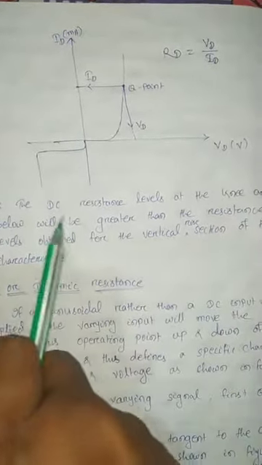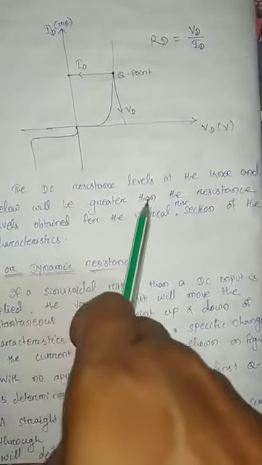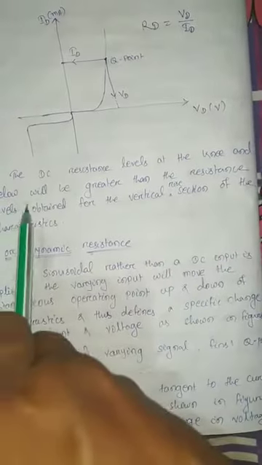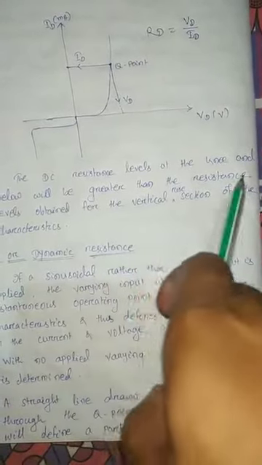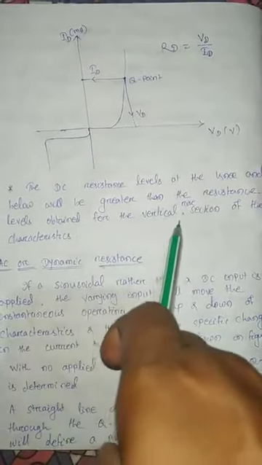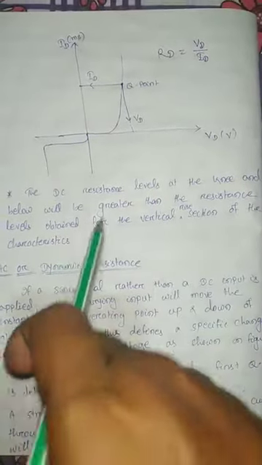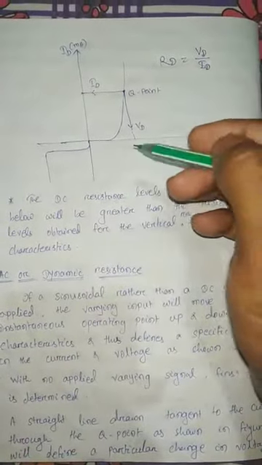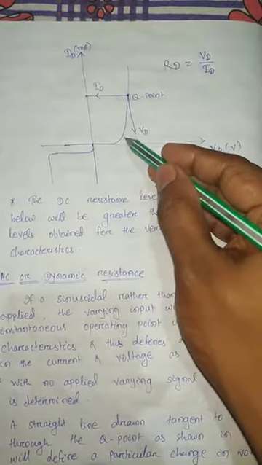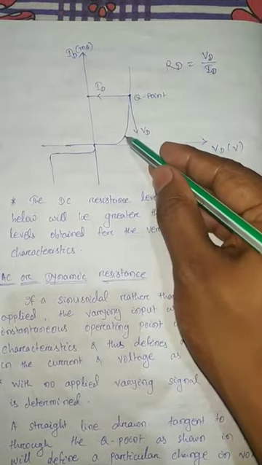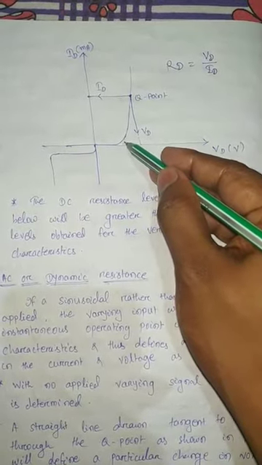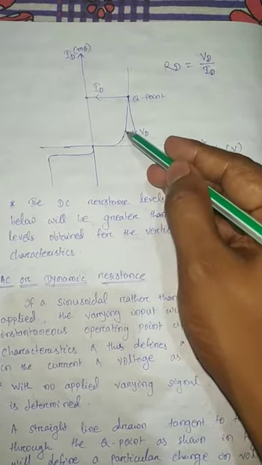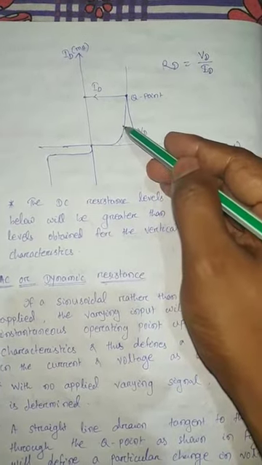Another point is that the DC resistance levels at the knee and below will be greater than the resistance level obtained for the vertical rise section of the characteristics. As you know, in forward bias, if you increase the voltage beyond the threshold voltage or knee voltage, a considerable amount of current flows through the diode.